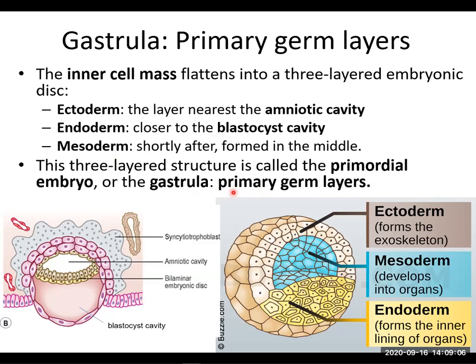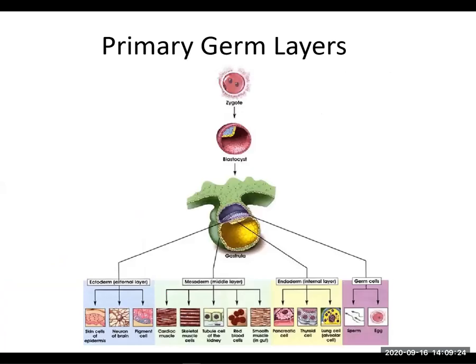This is also called the primary germ layer. This structure is also called the primordial embryo. In the beginning, earlier, it was the embryo, now it's the primordial embryo. So that's that. This shows you how important these three germ layers are: the endoderm, the mesoderm, the ectoderm.